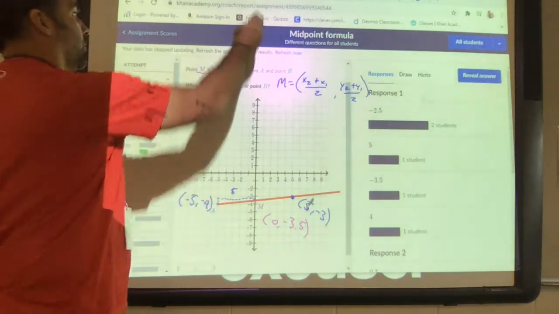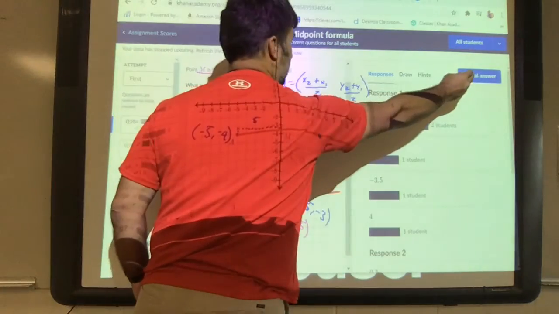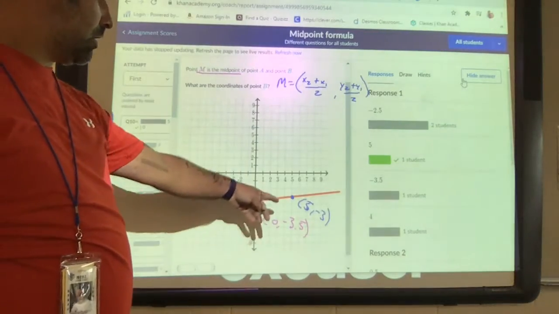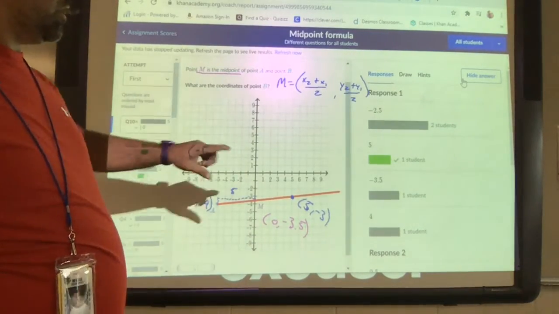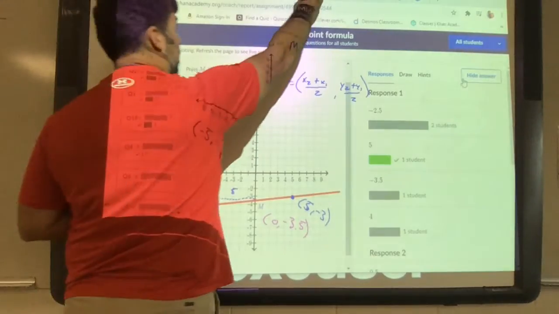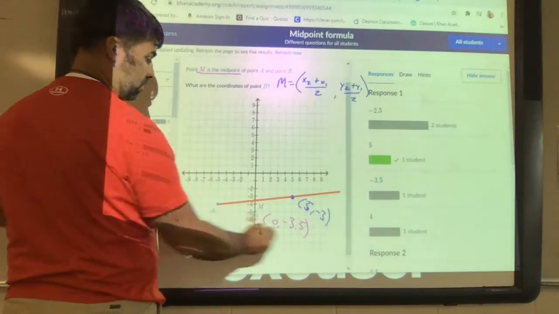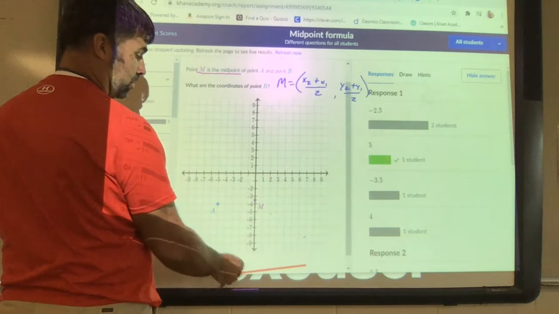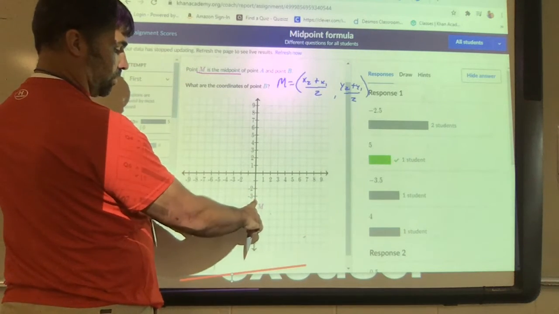Okay, so here are your answers. The 5 is in your response, and the 2, which would be the y value, would be -3. The people that did -2.5, I know what you did, and it's a popularly missed way to do this: you took that as a point and that as a point and tried to find the middle.